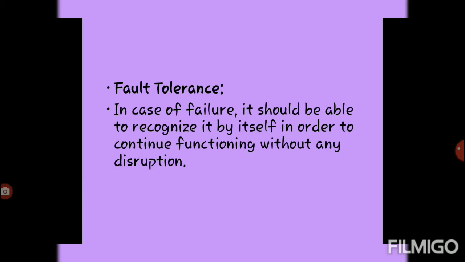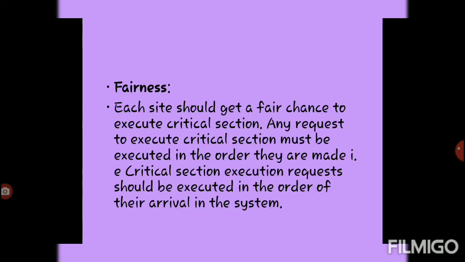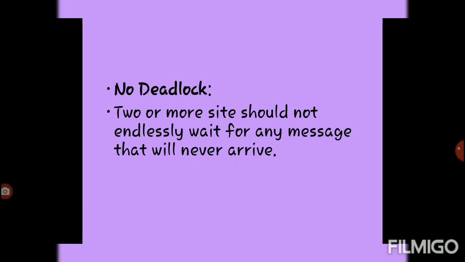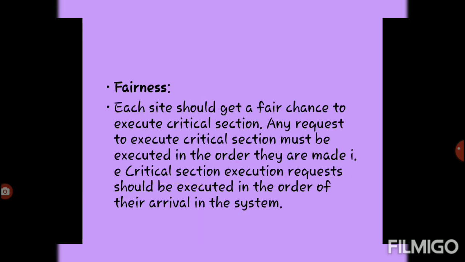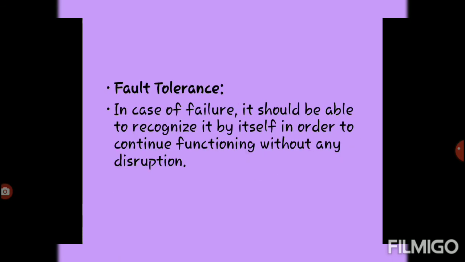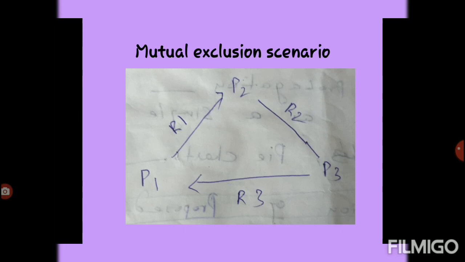Even if an interruption or a failure comes, the system should function properly. So these are the four requirements: no deadlock, no starvation, fairness, and fault tolerance. If these requirements are met in a distributed system, then we can handle mutual exclusion.